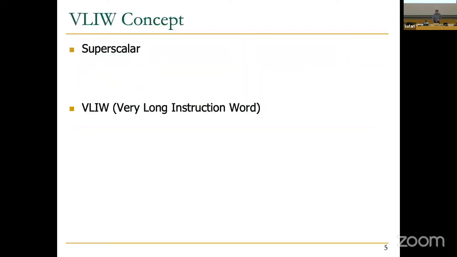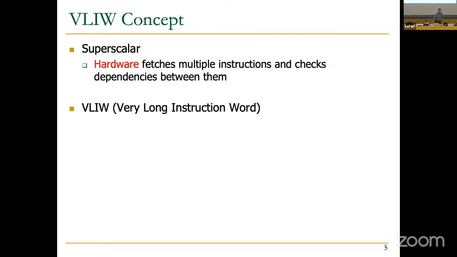Okay? So if you remember the superscalar execution concept that we discussed last week, hardware was responsible for fetching multiple instructions and checking dependencies between them. And then it decodes multiple instructions, executes multiple instructions, and finishes multiple instructions.